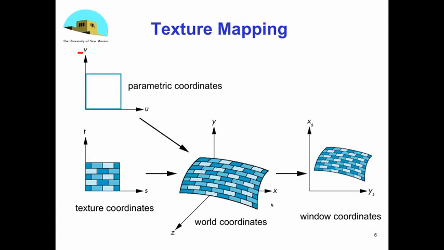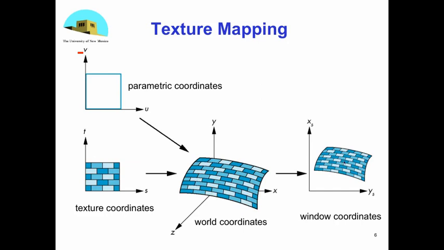Well, that's just a nice theoretical view, but I could have just as easily, and we're going to see this, said, well, what if I started over here? And I said, well, here's a point in screen space. There's a fragment over here, and I want to find its color.